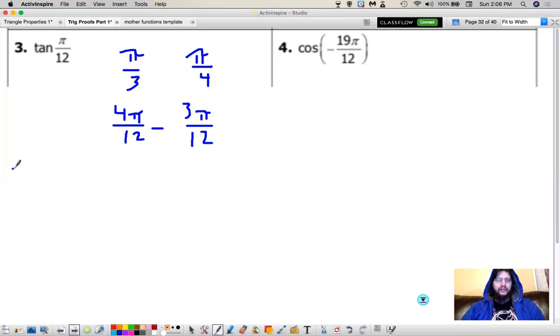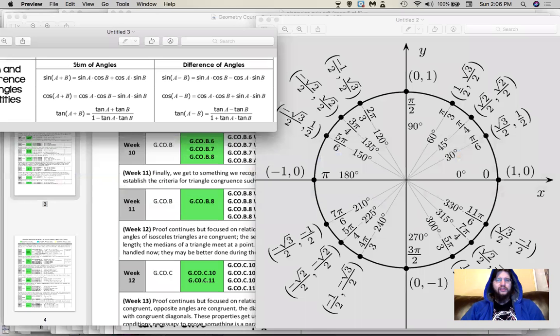So this one's going to be tangent of 4 pi over 12, which is pi over 3, so I'll write it simplified, minus pi over 4. And if you're good about thinking with fractions, you can just ignore the pi's and try to make 1/12 from thirds and fourths and sixths.